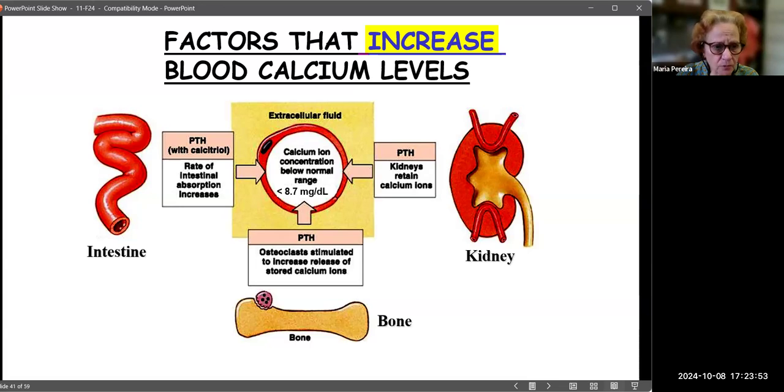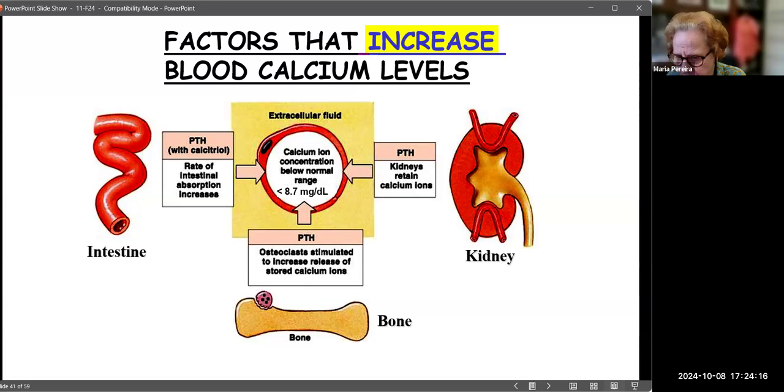So it's absorbed, not reabsorbed. It's absorbed from the gut into the blood to increase the level of calcium in the blood. Is that good enough?